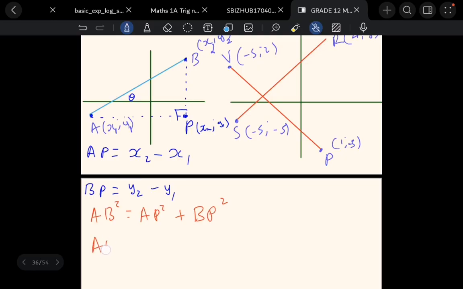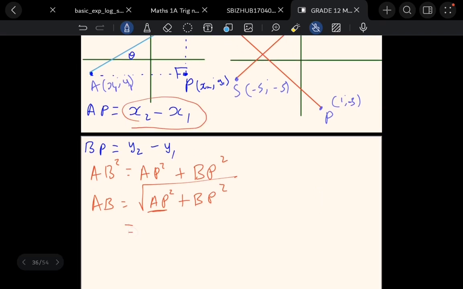The distance AB is the square root of AP squared plus BP squared. But we know the distance AP is x2 minus x1, so it is the square root of x2 minus x1 squared plus the distance BP, y2 minus y1, squared.